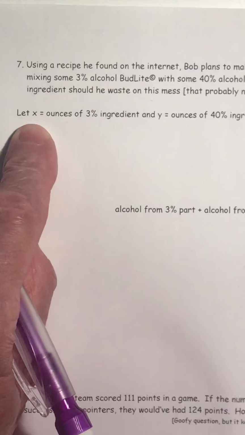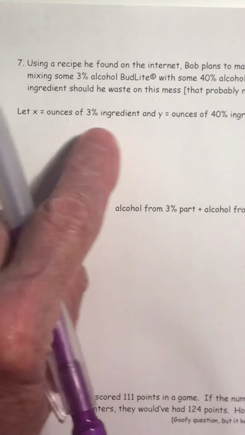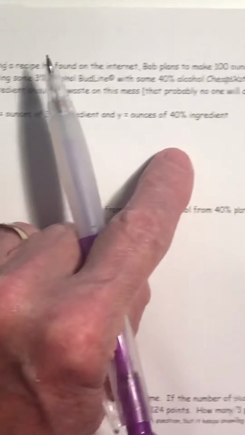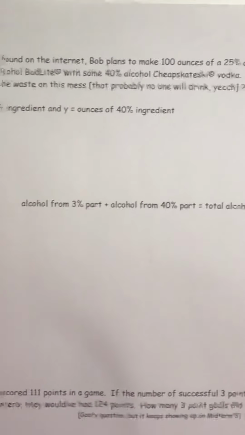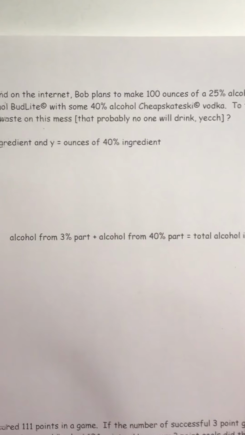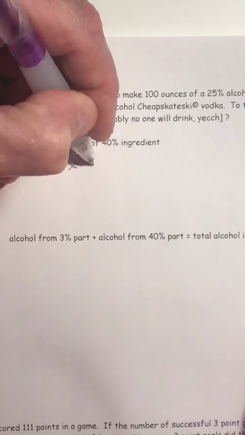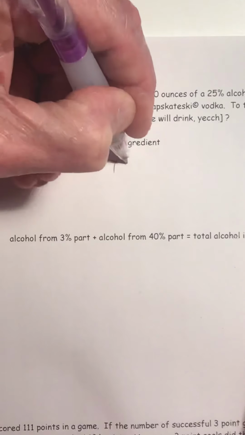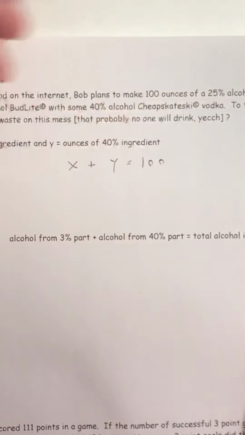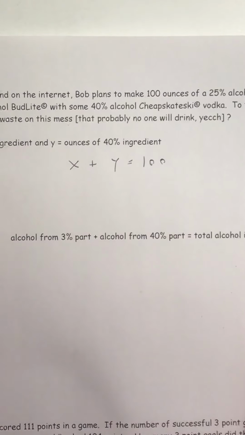I'm using X for the ounces of 3% stuff, Y for the ounces of 40% stuff. So my easy to get equation would simply be X plus Y has to equal 100. We said 100 ounces altogether.